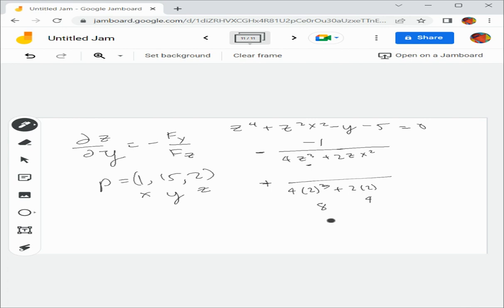Okay, so that's 8, 32 plus 4 equals 36. So 1 over 36. I'm very sleepy. I'm pretty sure I need to go to sleep. If I'm wrong, then I'm wrong. And then the other version, which is p equals (1, 15, -2), probably it's just a negative version of that.